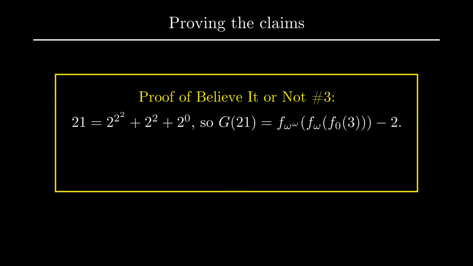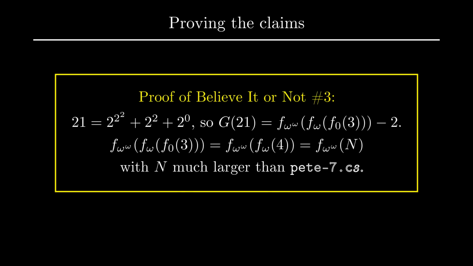So g of 21 would be f omega to the omega of f0 of 3 minus 2. f0 of 3 is 4, f omega of 4 is f4 of 4. f4 corresponds to repeatedly power towering, so this would be much larger than a power tower of length 36. So this Goodstein function grows faster than f omega to the omega.